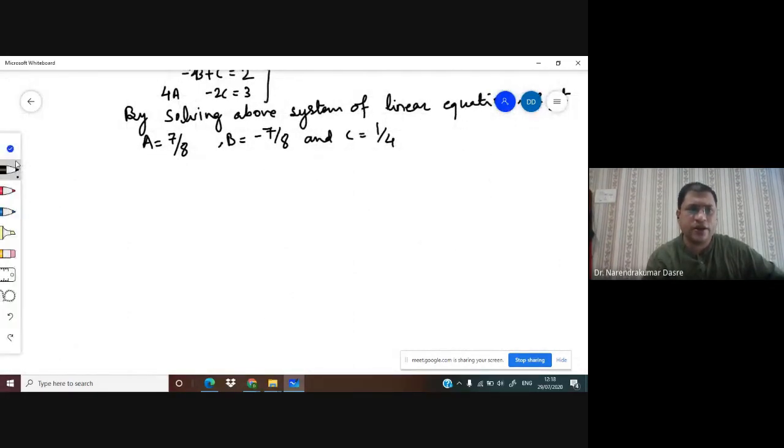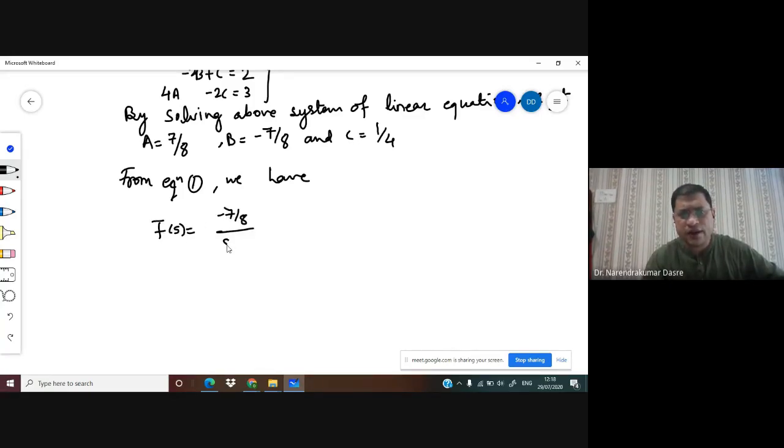So from equation 1, we have f bar of s is equal to 7 by 8 upon s minus 2, minus 7 by 8 times s, and plus 1 by 4, upon s square plus 4.